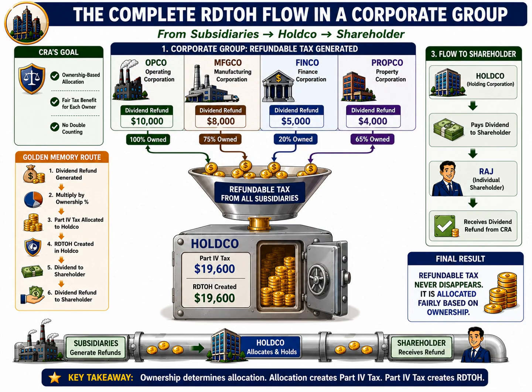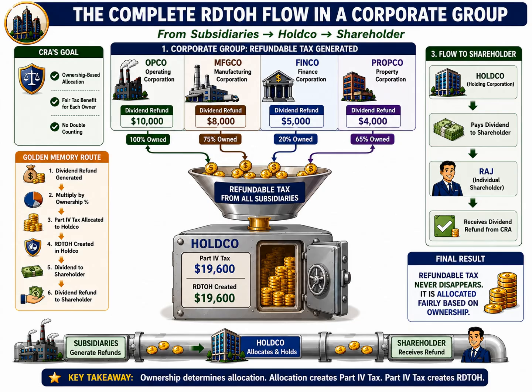Now let's follow the flow to the shareholder level. Eventually, holdco pays a dividend to Raj, the individual shareholder. When that dividend is paid, holdco becomes eligible for a dividend refund. As a result, CRA returns the refundable tax that had been stored inside holdco's RDTOH account. This completes the journey.